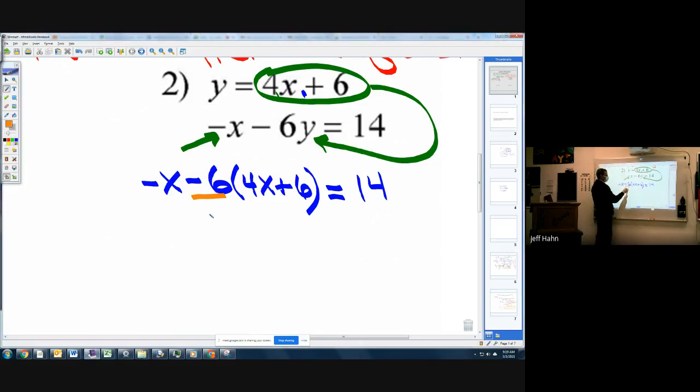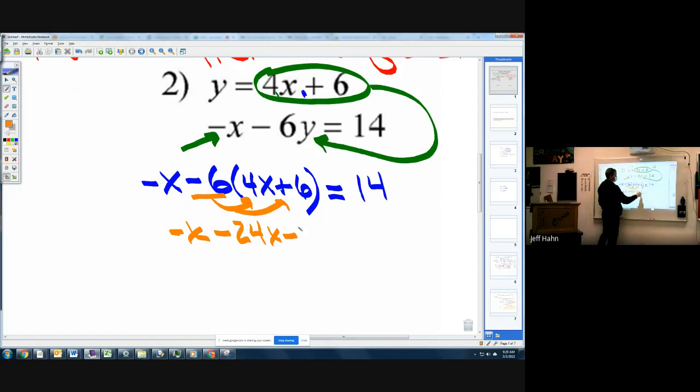So here we go. We got to do some distributive property here. So I keep my negative x. Negative 6 times 4x is minus 24x. Negative 6 times positive 6 is negative 36. This one makes me feel like an 8th grader. That's a tough, complicated equation.